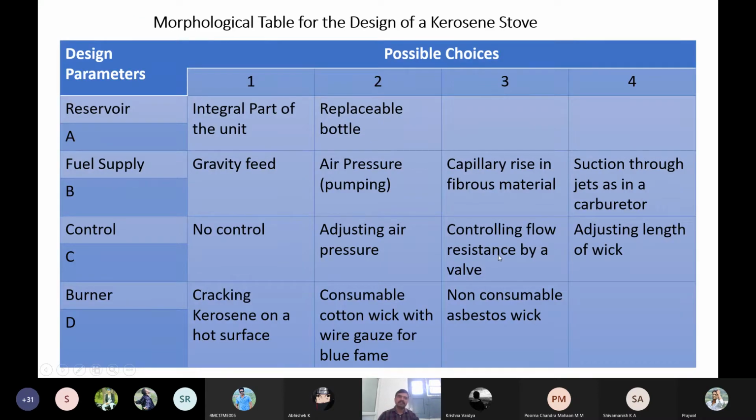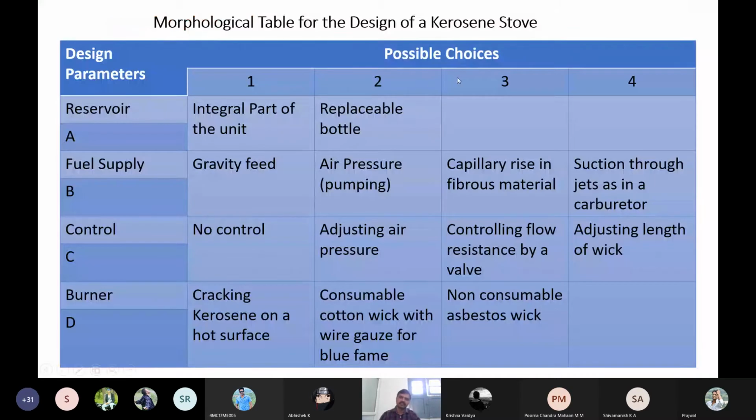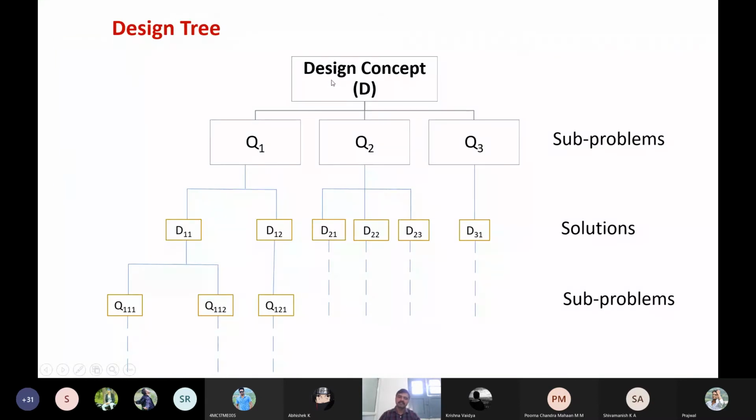Again, you can understand it in a better way by considering the morphological table of kerosene stove. Here the design concept is kerosene stove, design concept D, in this case the design of kerosene stove.